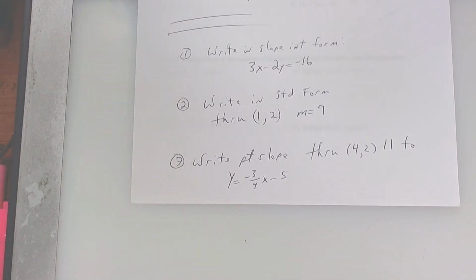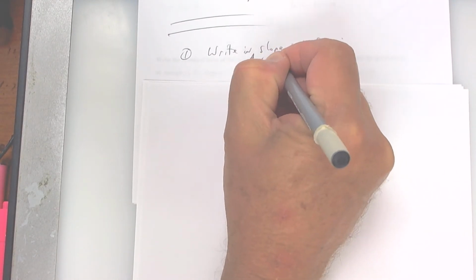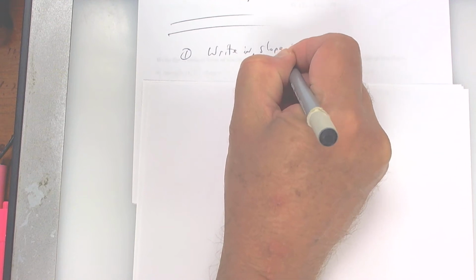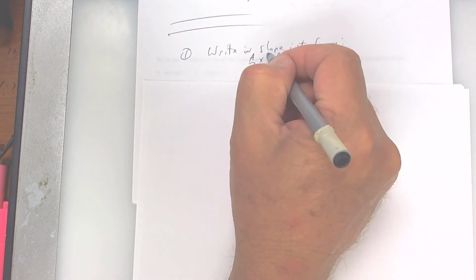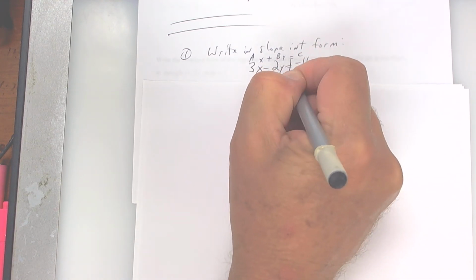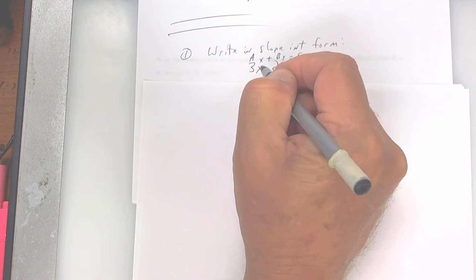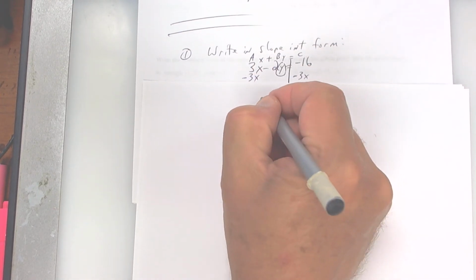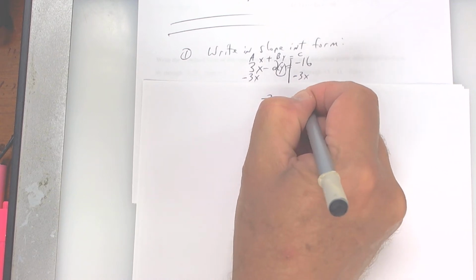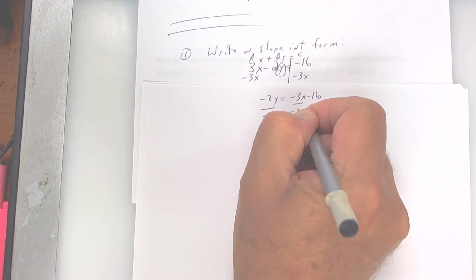Okay, write in slope intercept form, and just so you know, this is called standard form. This is ax plus by equals c. But they want slope intercept form, so draw a line, circle the y, get rid of the number with the y last, so you want to subtract 3x and then divide by -2.